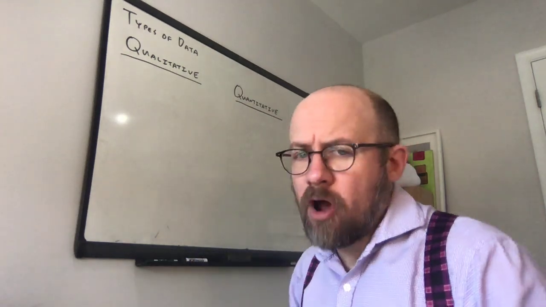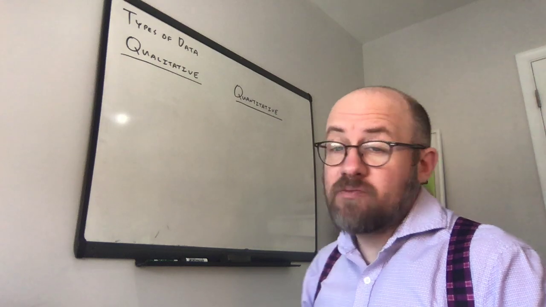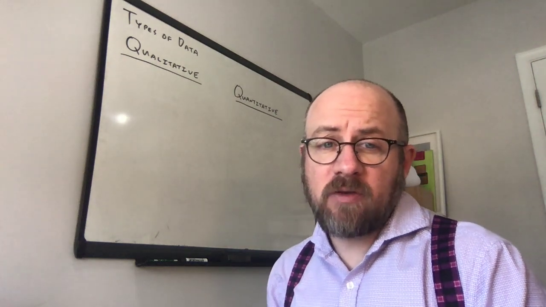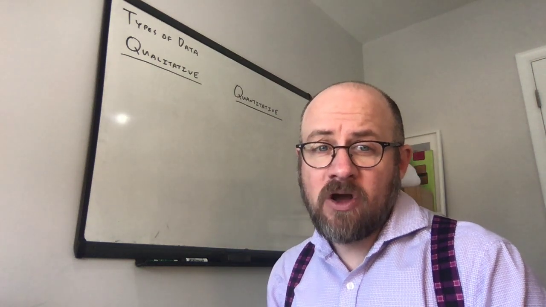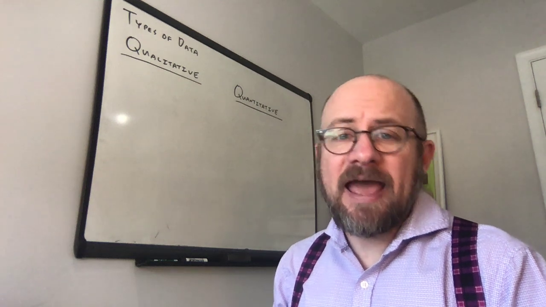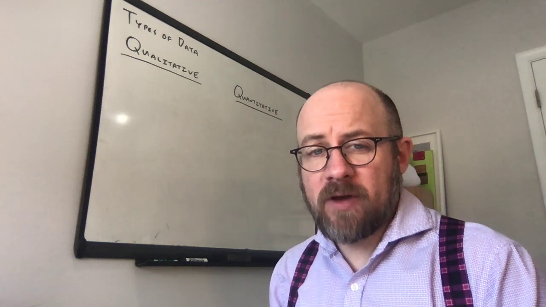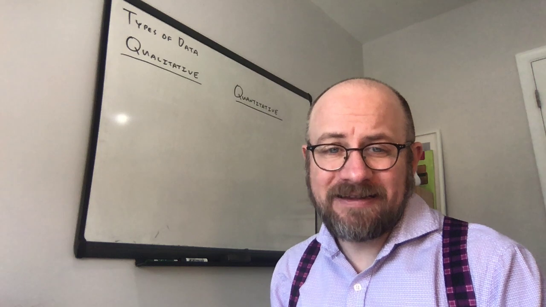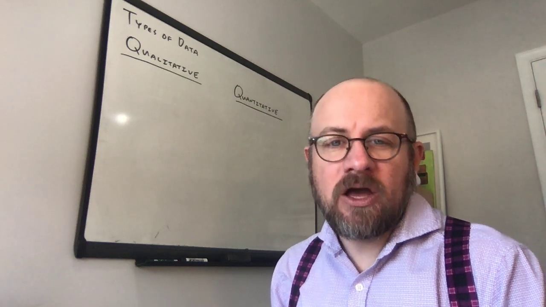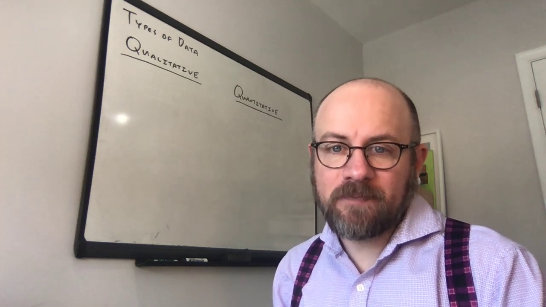Okay? So broadly speaking, the two main types of data that we talk about as mathematicians are qualitative data and quantitative data. Okay? So qualitative like quality, quantitative like quantity. Okay?